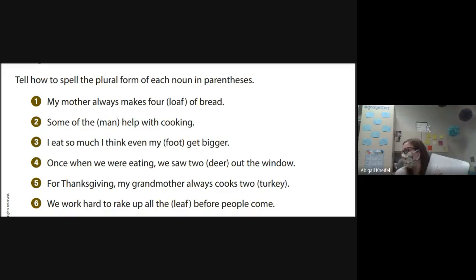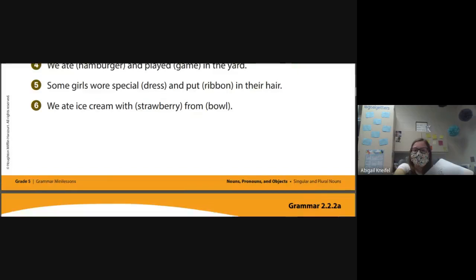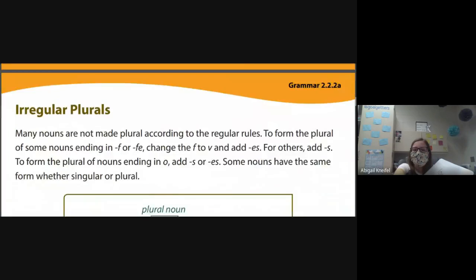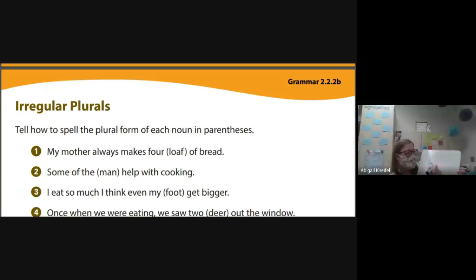L-O-A-F-S. No, I disagree. It ends in an F, which means we have to do what, Rochelle? No. Remember, we just went over these. If it ends in F or FE, we have to change the F to a V. So loaf becomes loaves, L-O-A-V-E-S. It is loaves of bread.